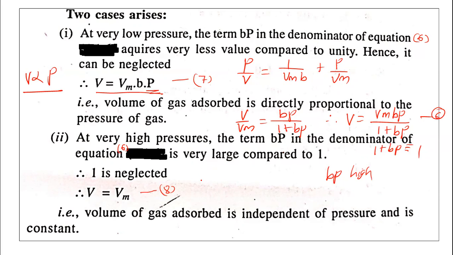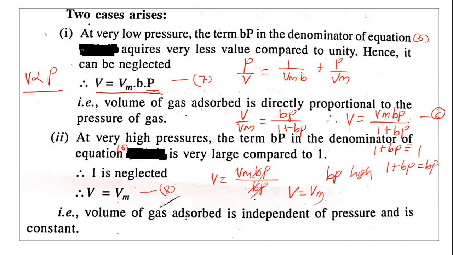So we can write the equation now: V equal to Vm into B into P divided by, now this one is neglected because pressure is very high, so 1 plus Bp is equal to Bp. So in this equation, B into P cancels with B into P. So V is equal to Vm.